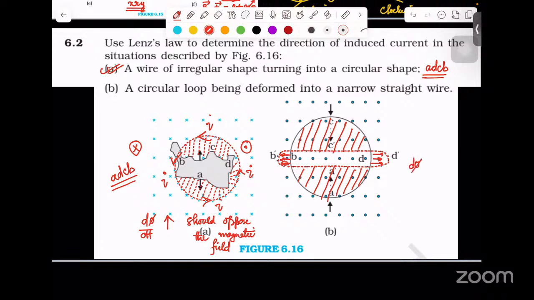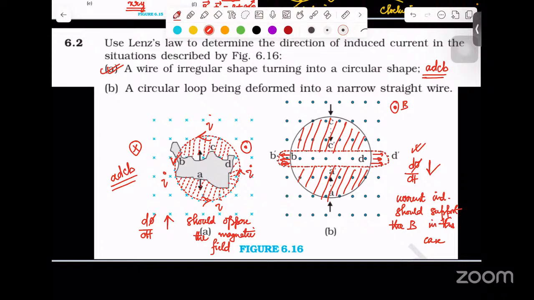So this d phi upon dt is decreasing and the current induced should be such that it should support the magnetic field in this case, because the d phi upon dt is decreasing, okay, and here the magnetic field is actually coming out of the plane of paper.